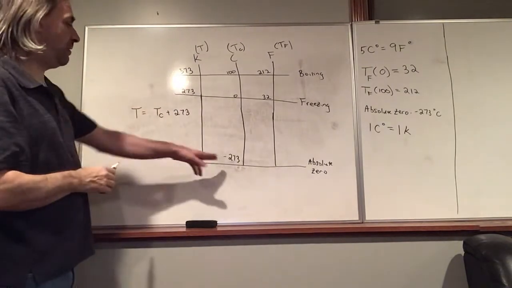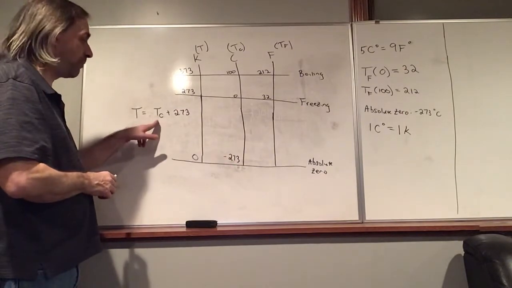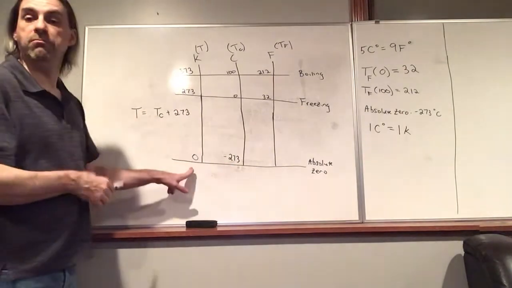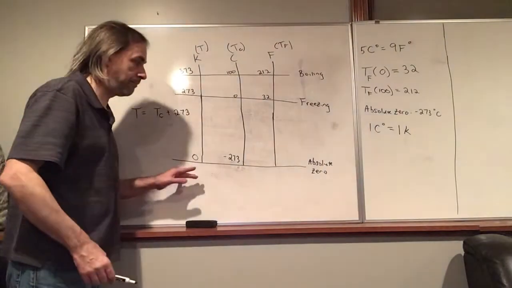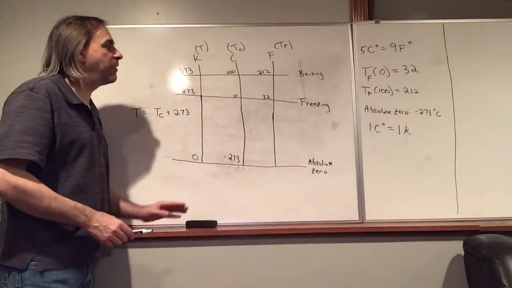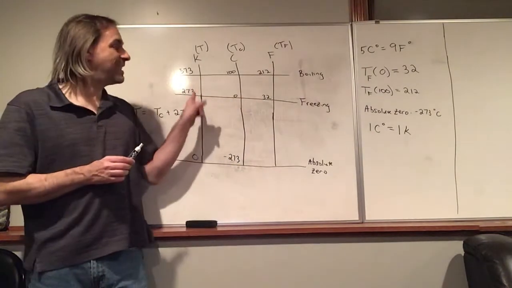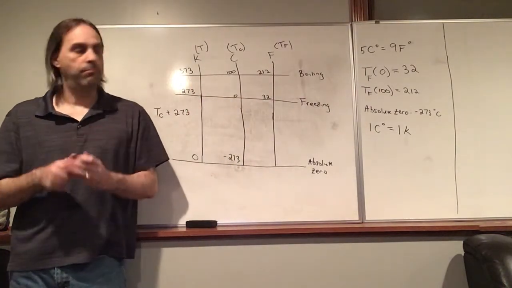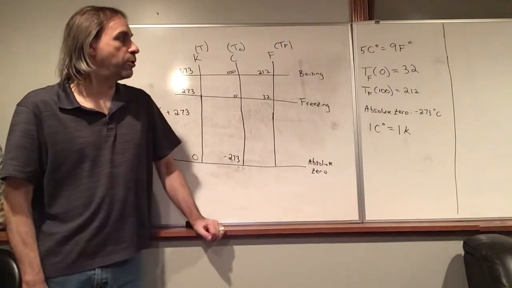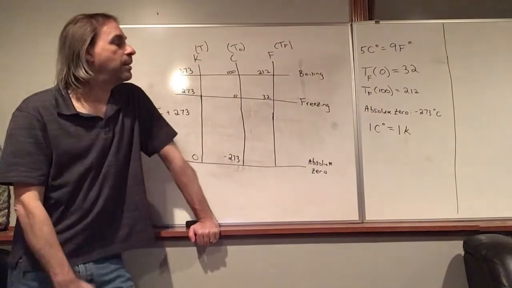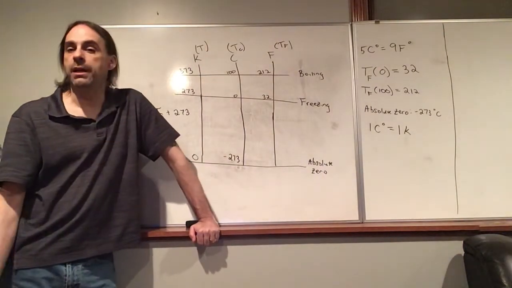So let's say TC is minus 273, then T would be 0, and that works out. Okay, so Kelvin is basically the Celsius scale, just offset. And this is the SI temperature, the unit for temperatures in the SI system.